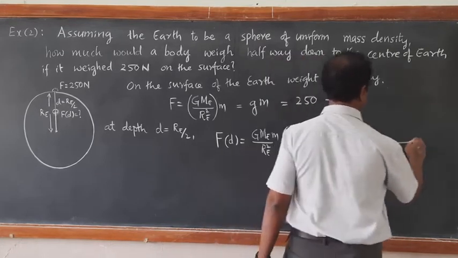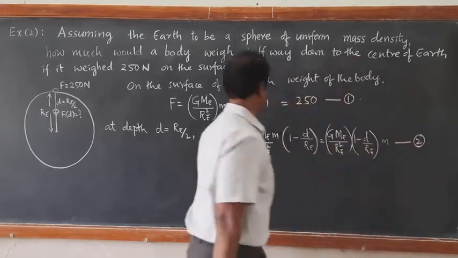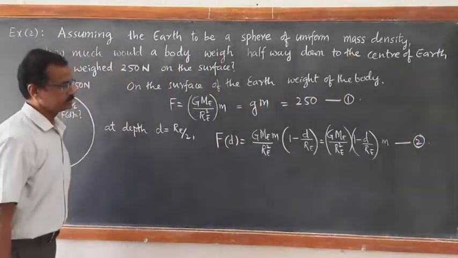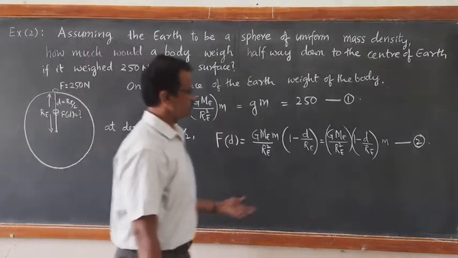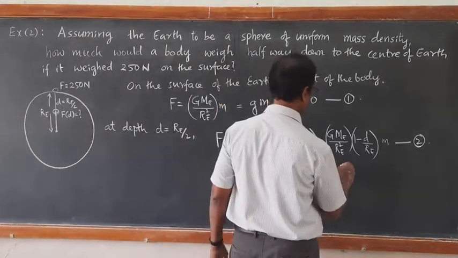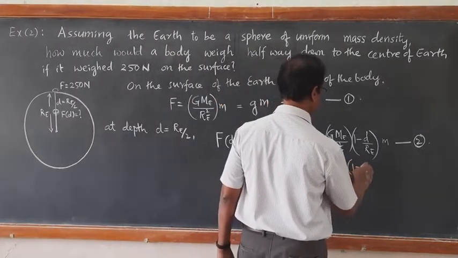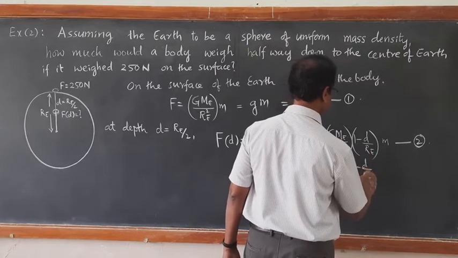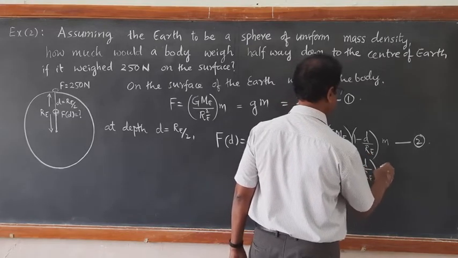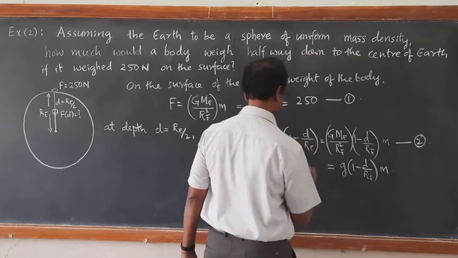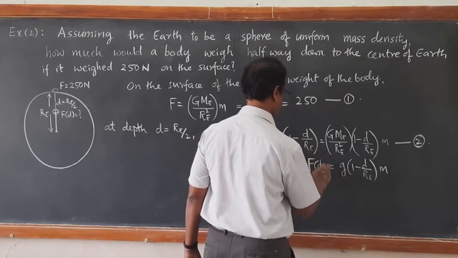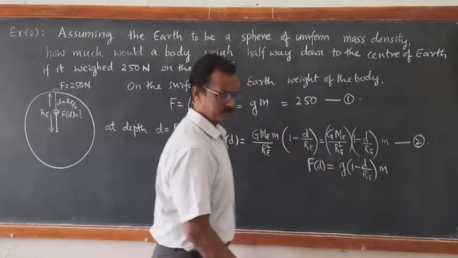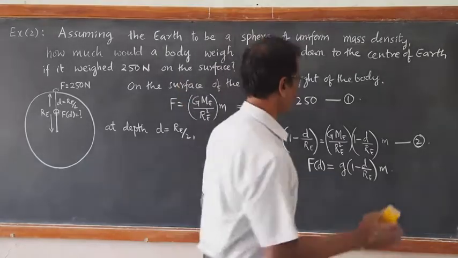This can be written as we have written earlier, g into bracket 1 minus d by Re into m. So this is at depth d. We call it equation 2.